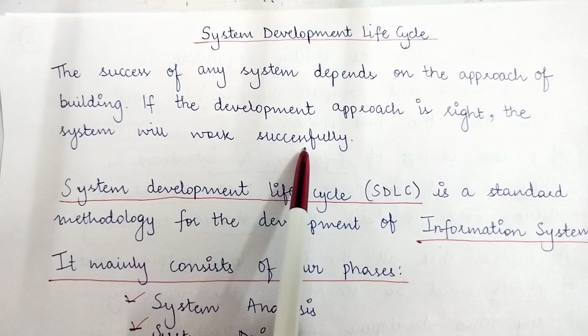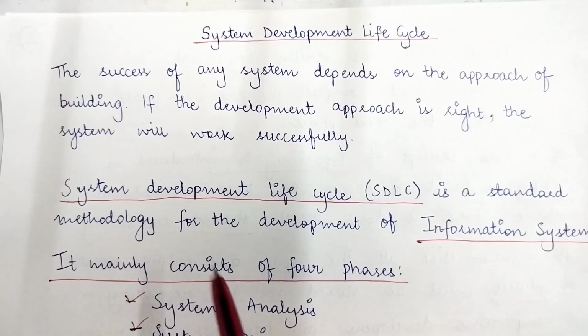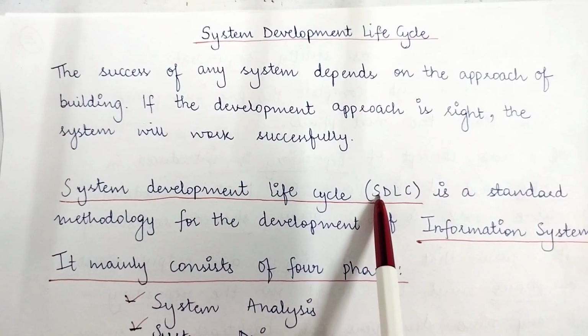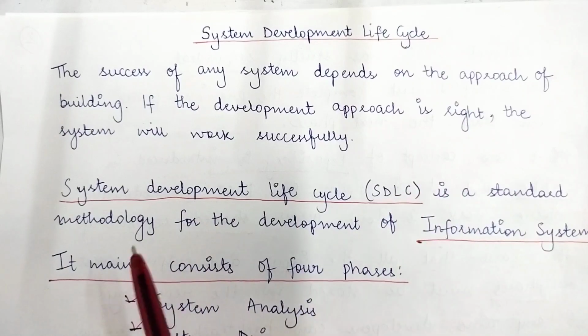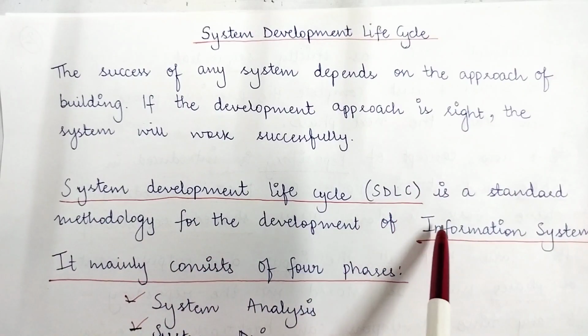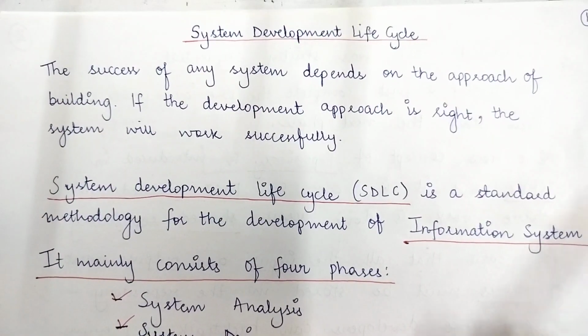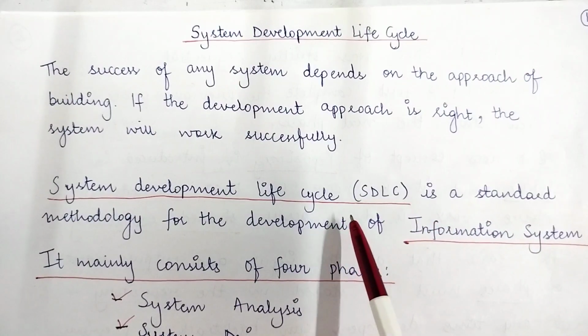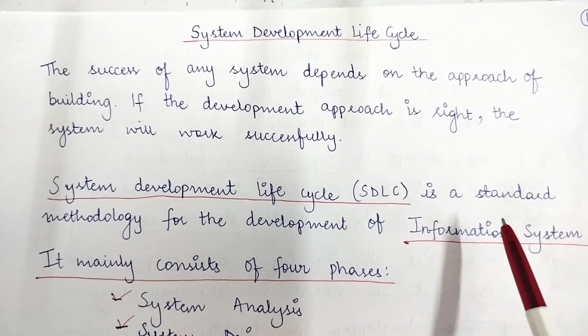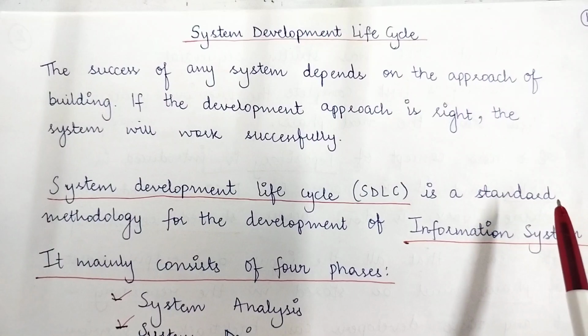System development life cycle, which is also known as SDLC, is a standard methodology for the development of information systems. Any information system you take, whenever you are developing any information system, SDLC is a kind of benchmark or standard methodology.